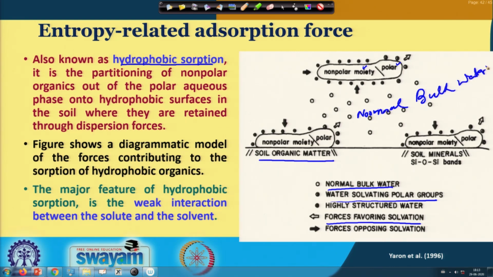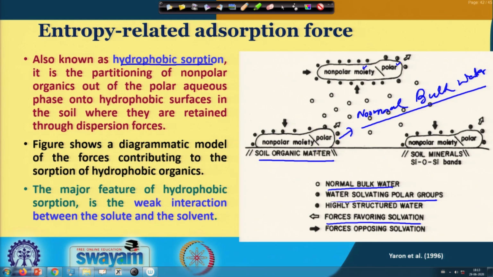So, obviously, this polar phase will feel the affinity towards this normal bulk water, which is polar. There will be an attraction of this polar phase for solvation in this aqueous phase.